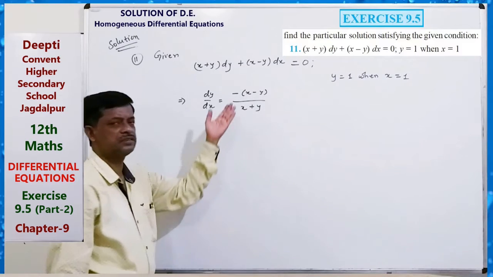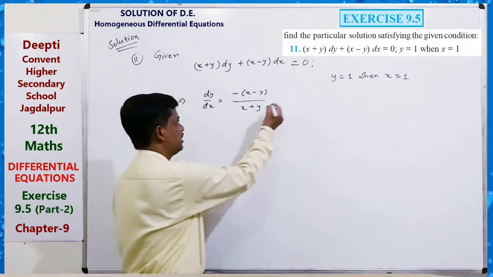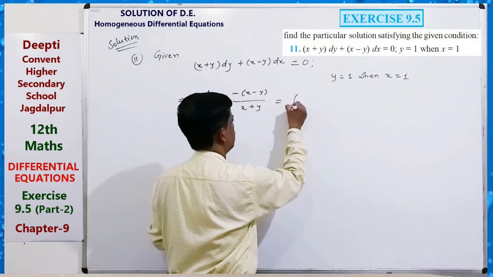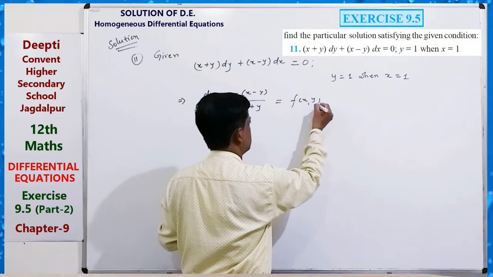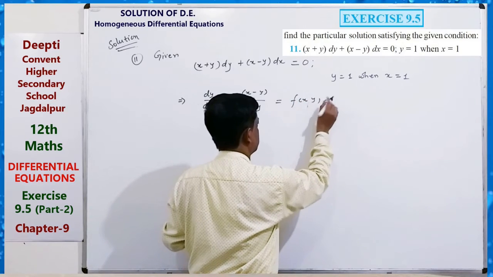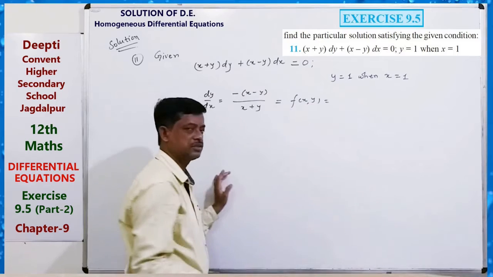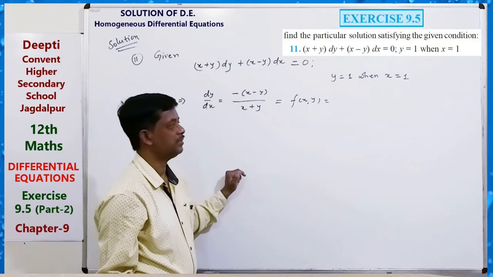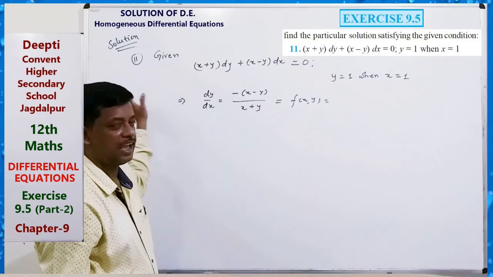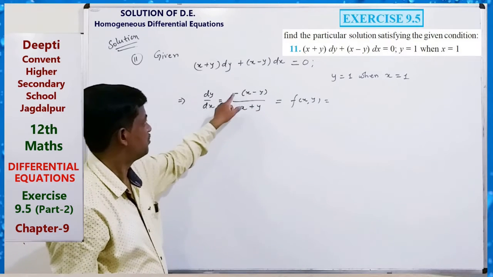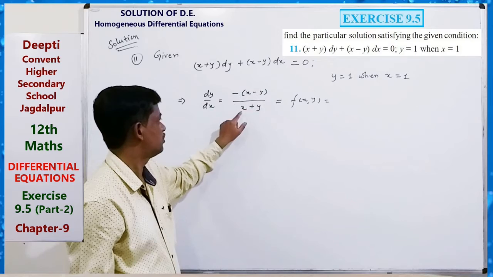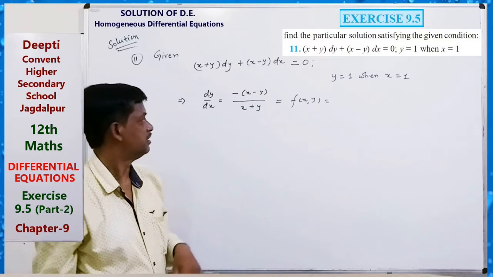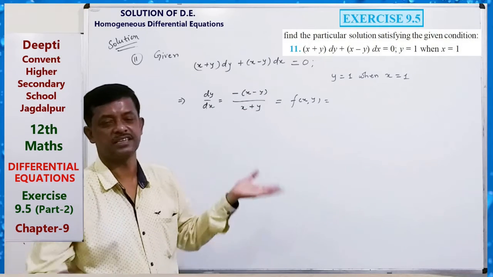We can see this is a homogeneous equation because it can be written as f(x,y). This can be written by taking x common: minus 1 minus y by x upon 1 plus y by x. Here x is cancelled, x to the power 0.